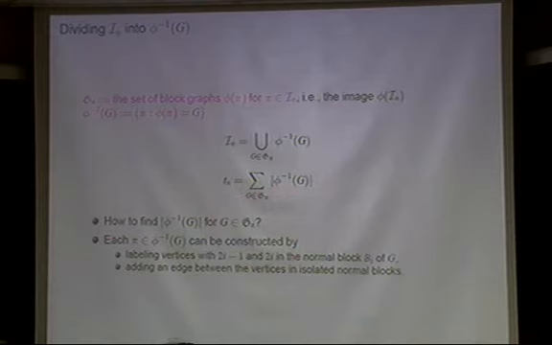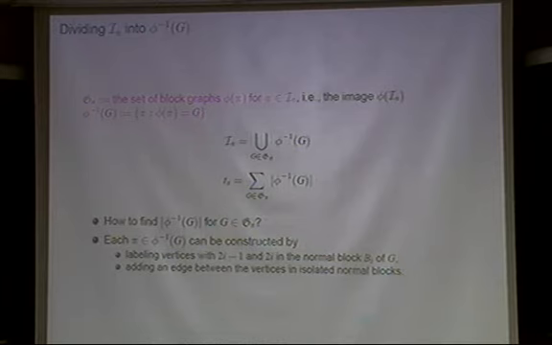Each involution in this set can be constructed this way. We label two vertices in this normal block with these two integers, and add an edge between vertices in an isolated normal block. Let's see.